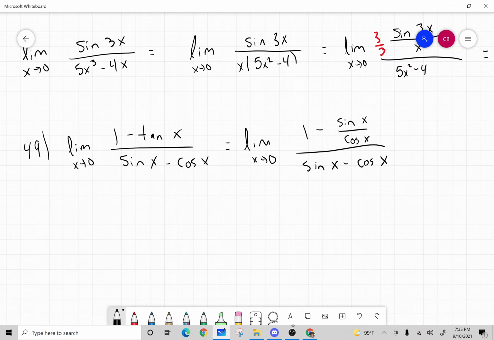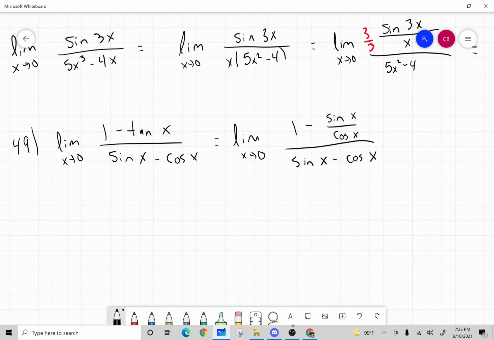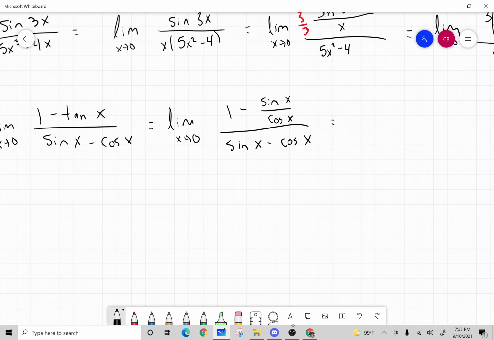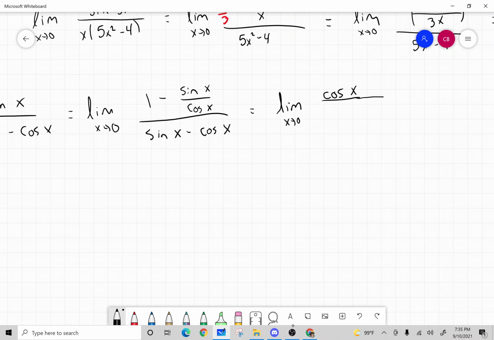So far, so good. And then what we're going to do is get a common denominator in the numerator. This is equal to limit as x approaches 0 of cos x minus sine x over cos x, all over sine x minus cos x.